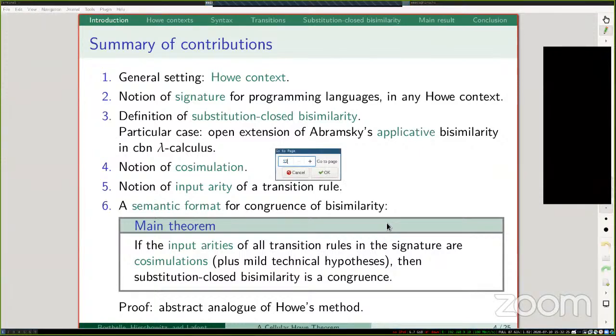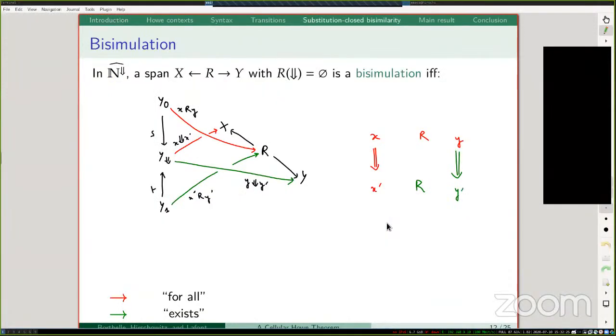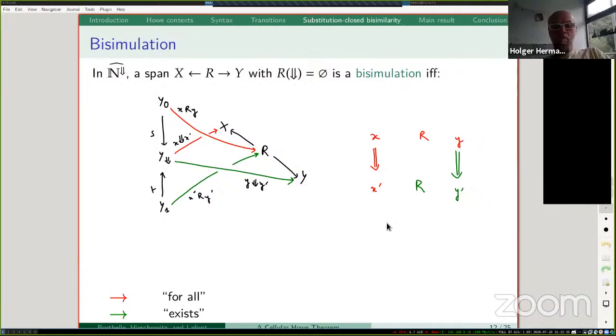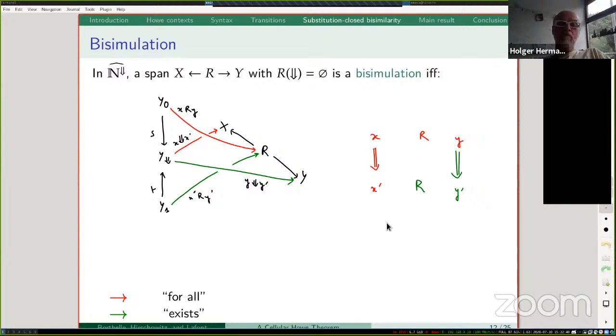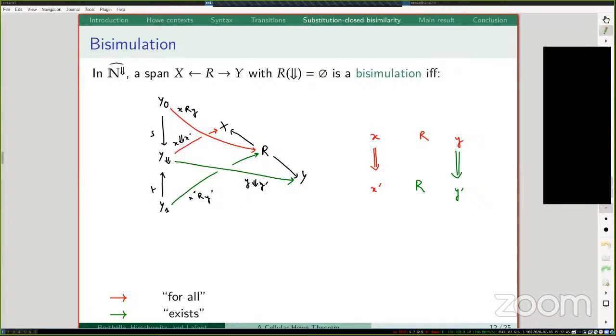So just in 30 seconds, in order to introduce it briefly, that's our definition of a simulation. It's exactly as in the usual clause for simulation. It says that for all pairs of red arrows making the square commute, there should exist a pair of green arrows making the remaining squares commute.